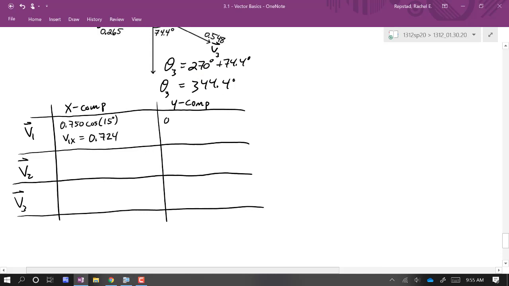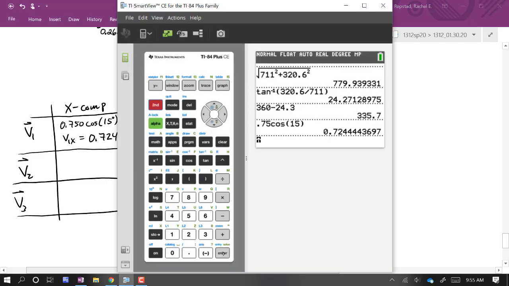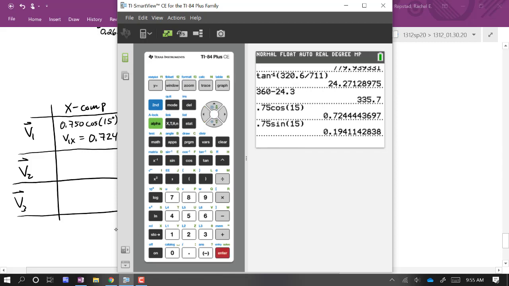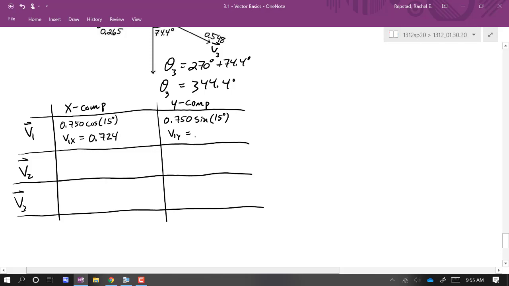The y component, 0.750 sine 15 degrees, 0.194. I'll just keep going.